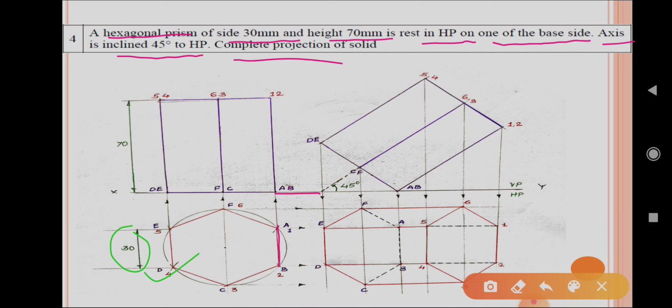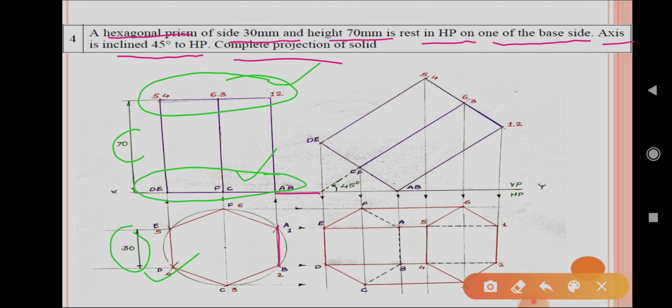prism. A prism has two surfaces, the bottom surface and the top surface. For the bottom surface we can use letters, and for the top surface we can use numbers. The height is given as 70 mm, and we can complete the front view and top view.